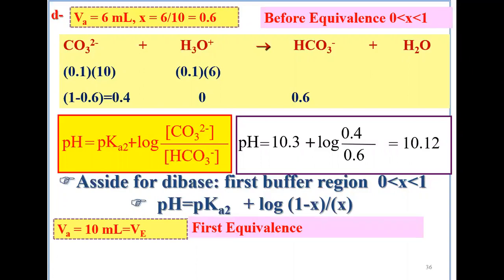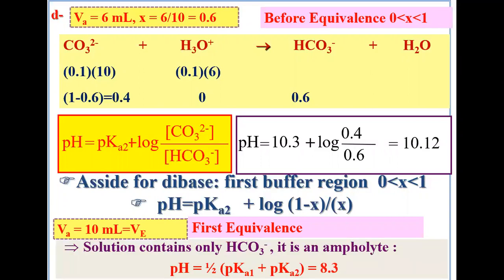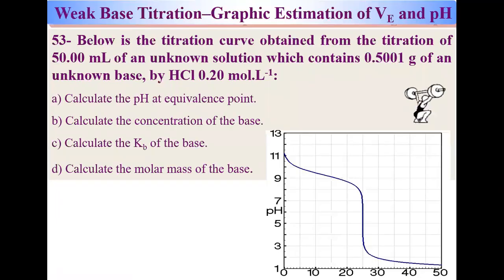At the first equivalence, when my volume is 10 mils, all you have left is hydrogen carbonate, HCO3 minus, which is an amphoteric species, and then the pH equals half pKa1 plus pKa2, and your pH is 8.3. All right.